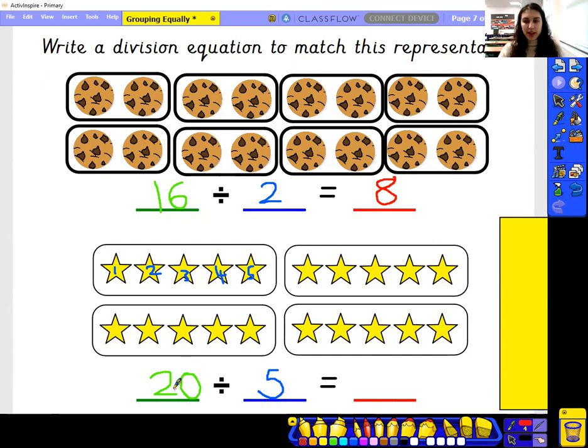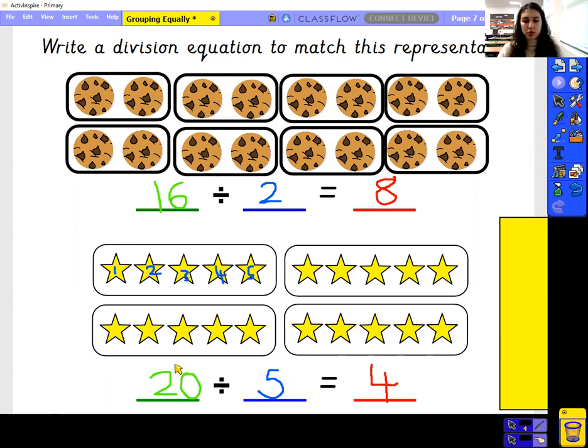So 20 stars divided into groups of 5 equals how many groups? Well, 1 group of 5 is 5, 2 groups of 5 is 10, 3 groups of 5 is 15, 4 groups of 5 is 20. So I get 4 groups. When I do 20 stars divided into groups of 5, I get 4 groups.